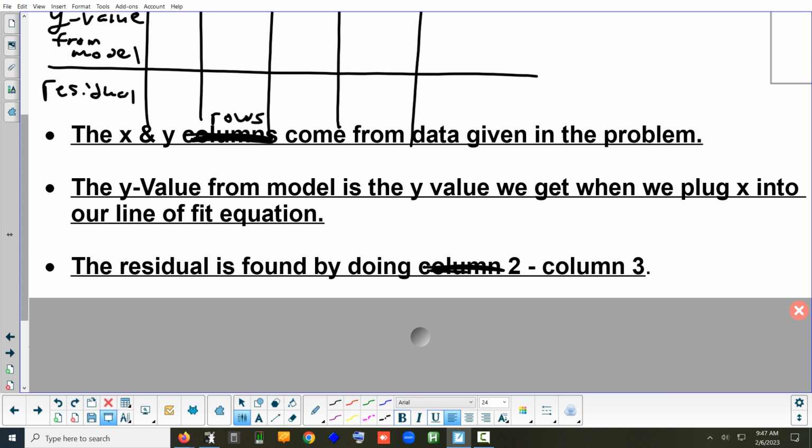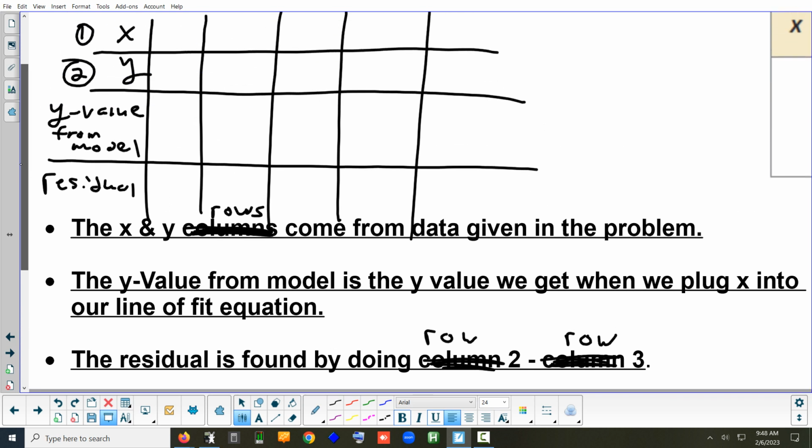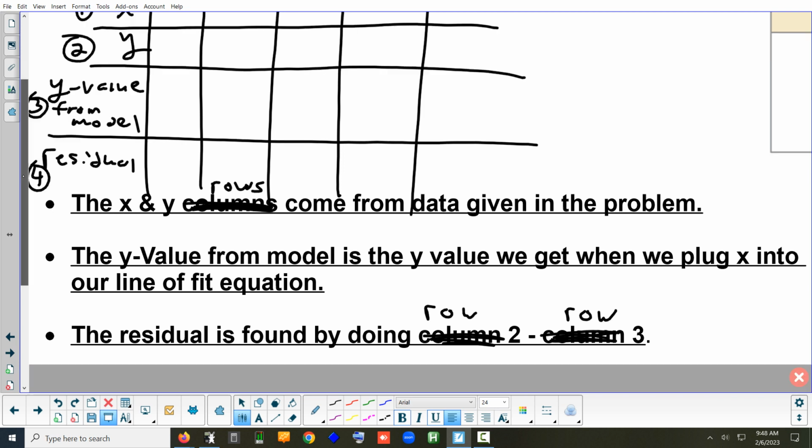And then the last bullet, I think there should be 3 of them, is how do you find the residual? So I just numbered the rows.